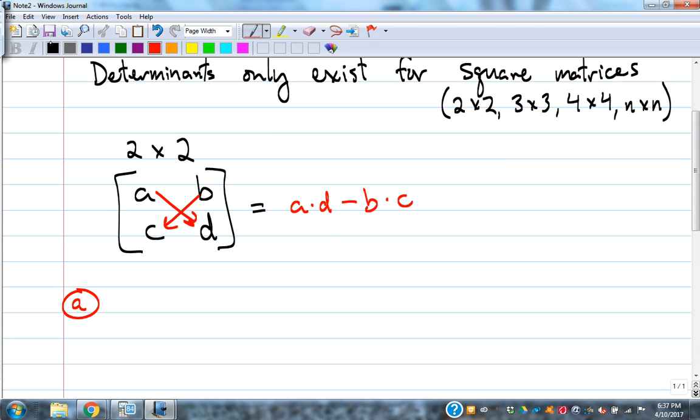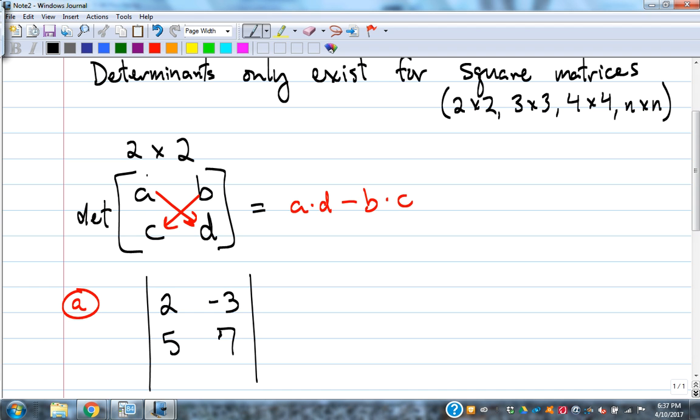Example A is 2, -3, 5, 7. And here's how they can tell you to find the determinant by putting the matrix in what looks like absolute value marks. The absolute value marks means determinant. Square brackets means this is a matrix.